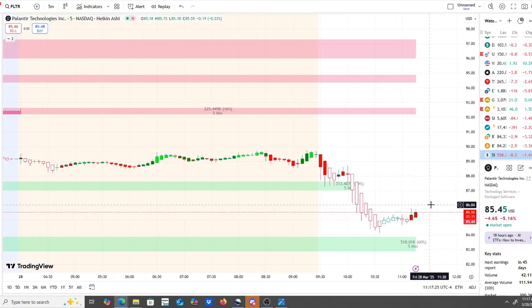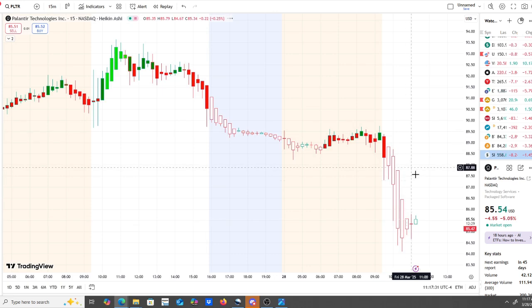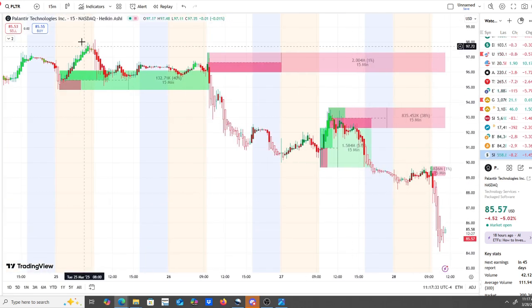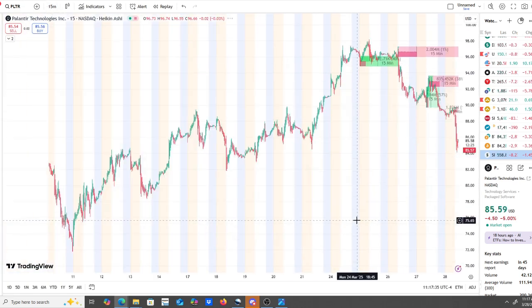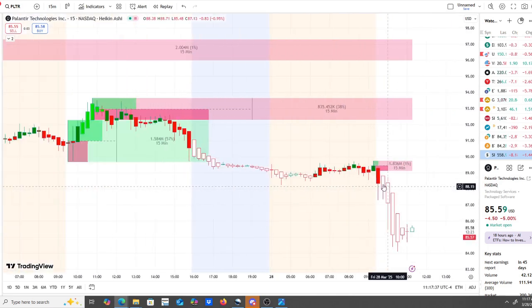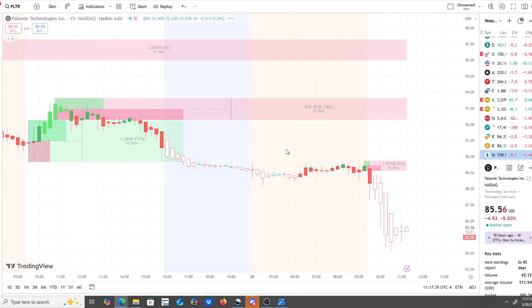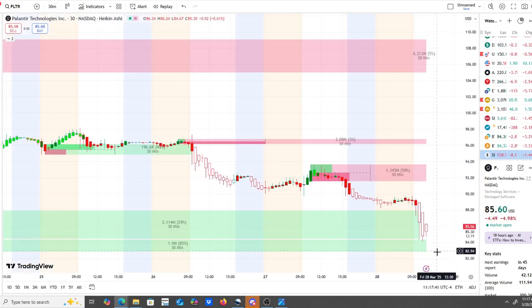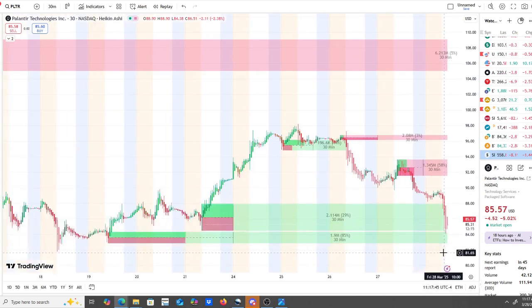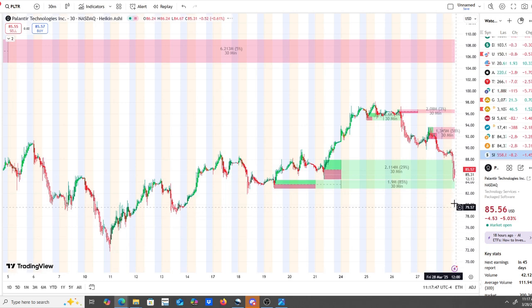To the downside, the first support I'll be watching is $83. And then below that, when you zoom out and look at this from the 15-minute, we could go ahead and see that there is no historical level. But when we pull up the 30-minute, it should show us here some lower levels. And you can see it here. $83 is crucial. And then below that comes all the way down towards 82 and then the $80 area.